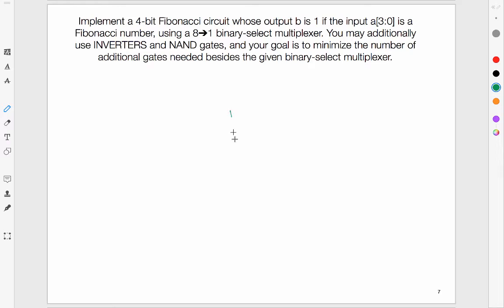So we have a multiplexer, it's 8 to 1, so I'm going to draw it like that, 0, 1 through 7. I have a select input to which I can feed, since it's 3 to 8, 3 of the inputs, and then 1 is going to control something else.